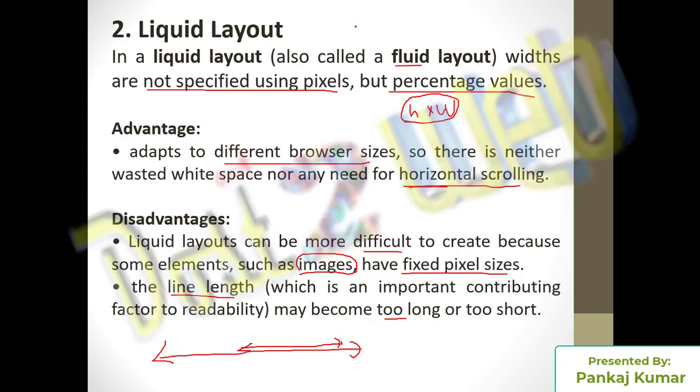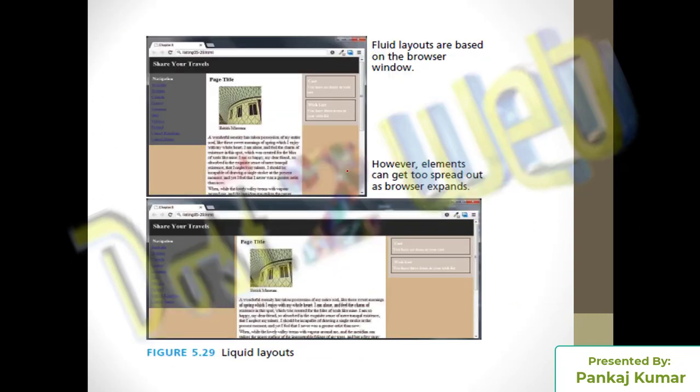Suppose when I reduce the size, the text should again appear only in this area. When the browser size increases to this level, the text should come to this level. That is another challenge and a disadvantage in the liquid layout.